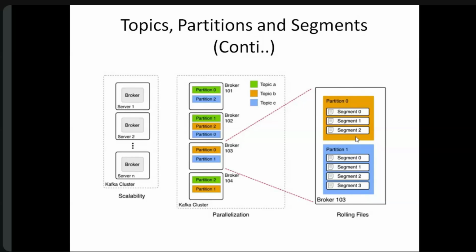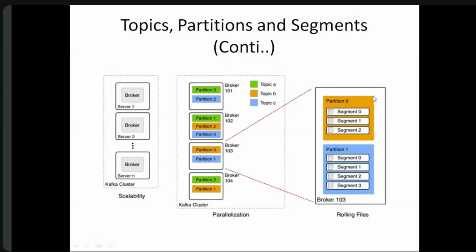This is the data actually. I told you, whenever you write anything to a topic, it will go inside the partition, and inside the partition it will go inside the segment. So this is how the data will be stored.